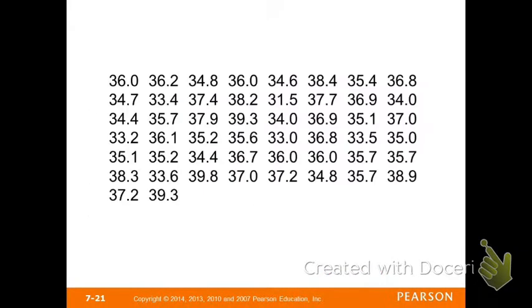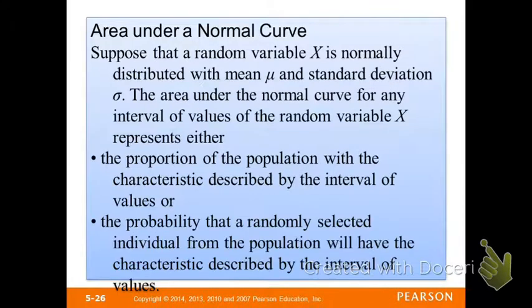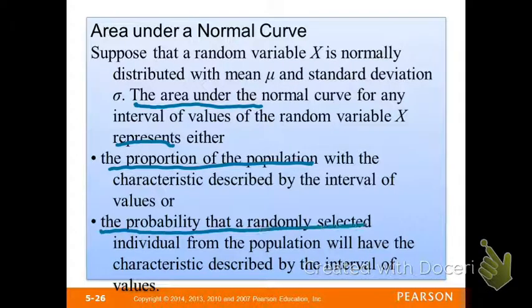Now the second interpretation is the probability that a randomly selected individual from the population will have that characteristic described by the interval of values. So the area represents either the proportion of the population or the probability that a randomly selected individual will have that characteristic.